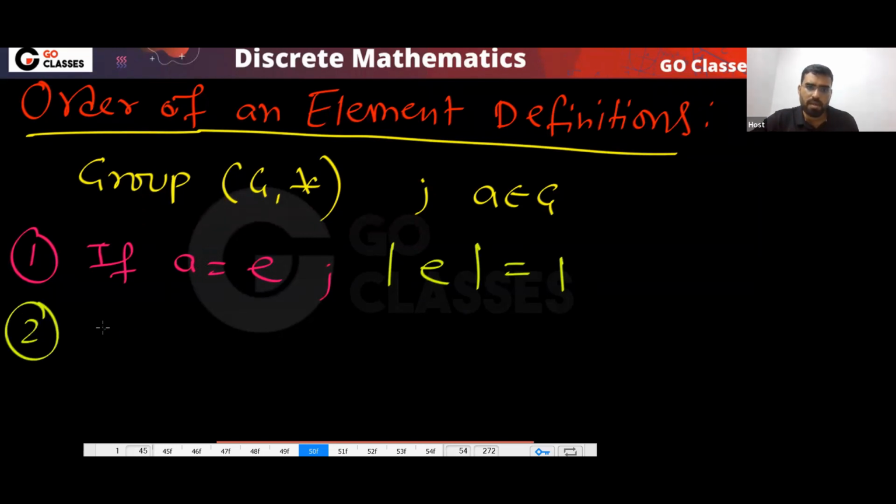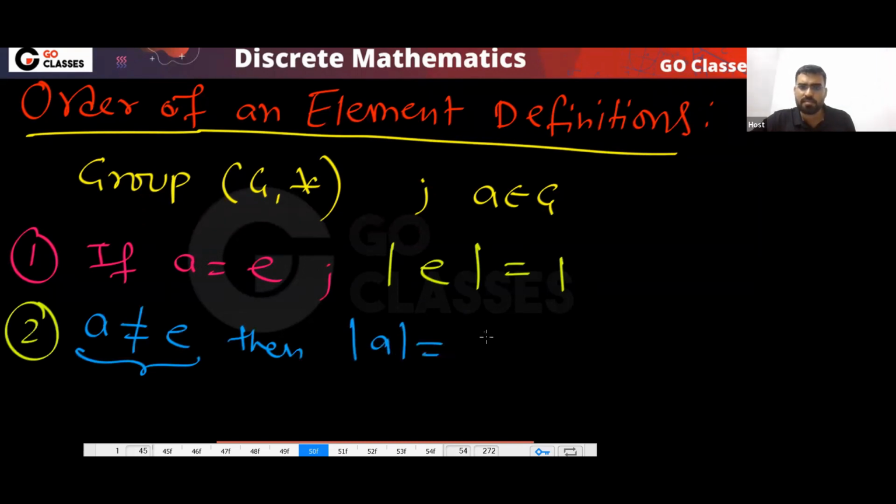Now, if A is not equal to E, then I can say order of A is the size of the subgroup generated by A. This is definition number 1.